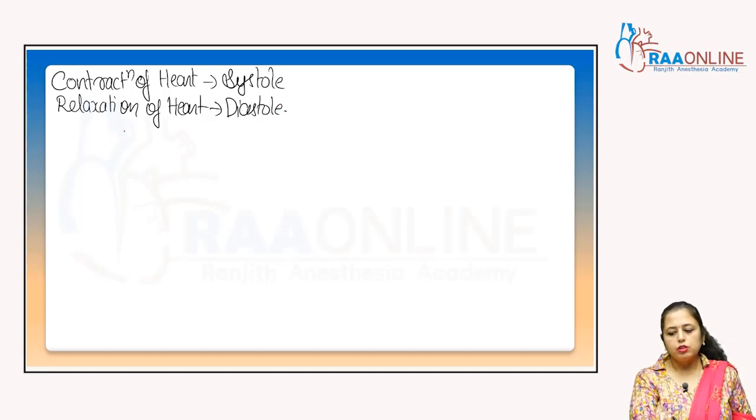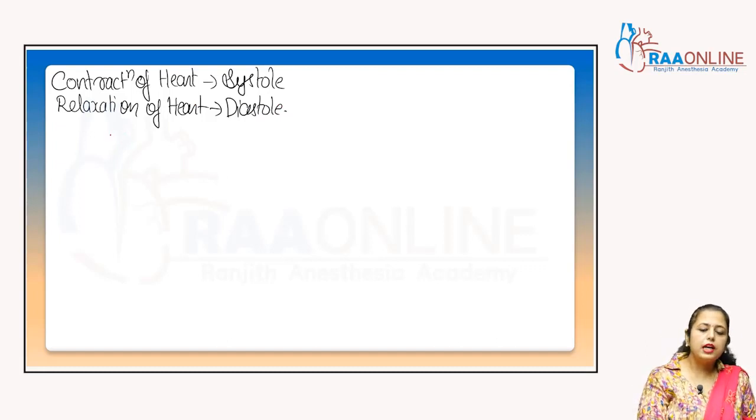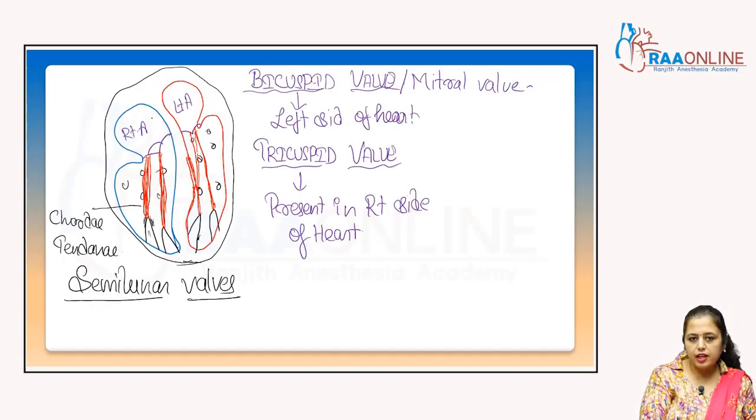So in the heart, on the right side, upper lateral side, there is a nodal tissue present, which is called the SA node, right. Here the AV node is present.